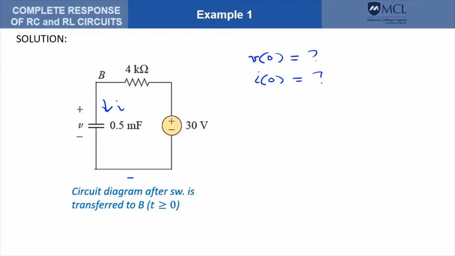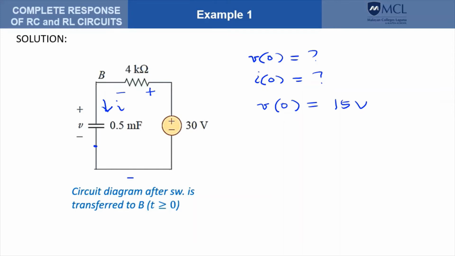Now take note that the voltage cannot change instantly. So the 15 volts that it possessed before the transfer of the switch is still 15 volts at t equals 0. So therefore the voltage at t equals 0 is also 15 volts. For the current, we can apply KVL around the loop. The voltage across the 4K is positive here and negative there.